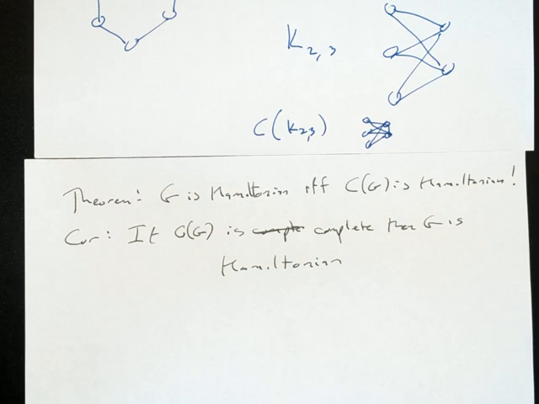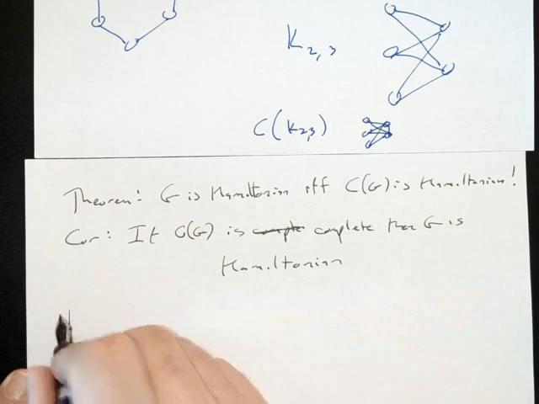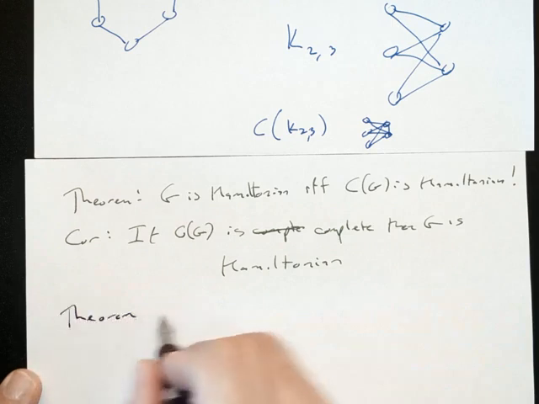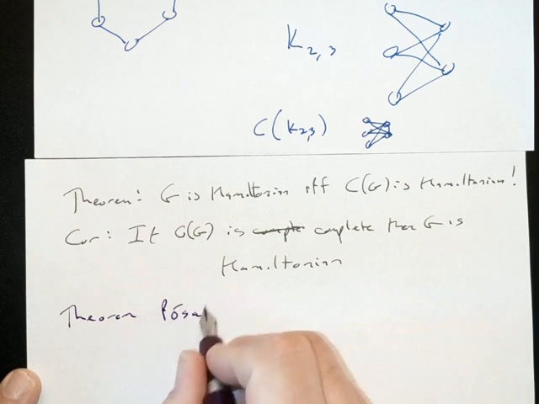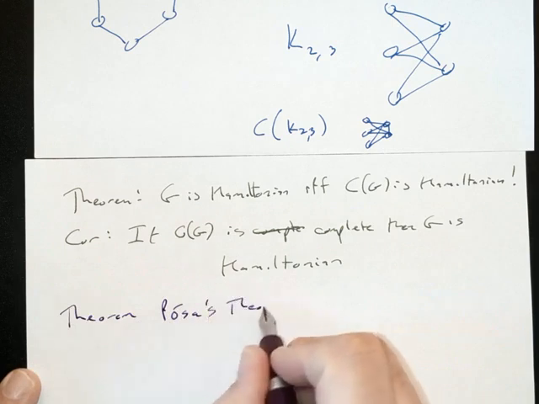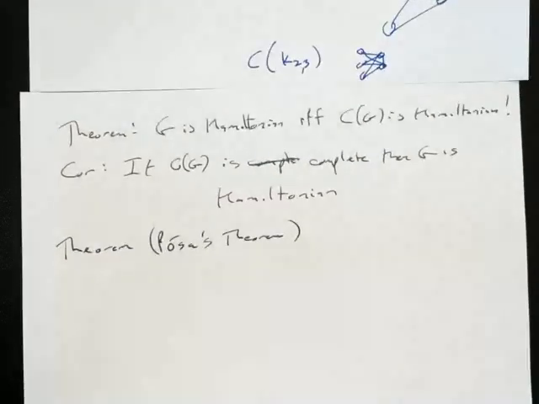Blech. Well, it turns out a guy by the name of Posa actually came up with a direct degree counting behavior.